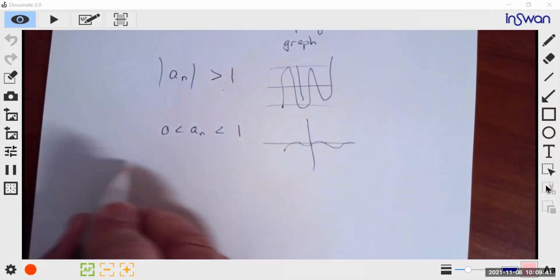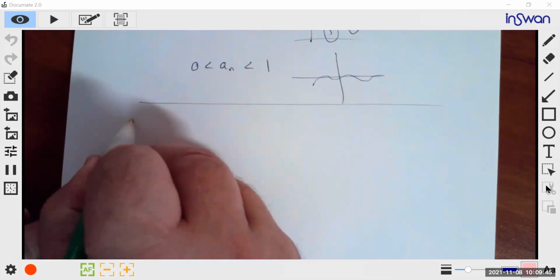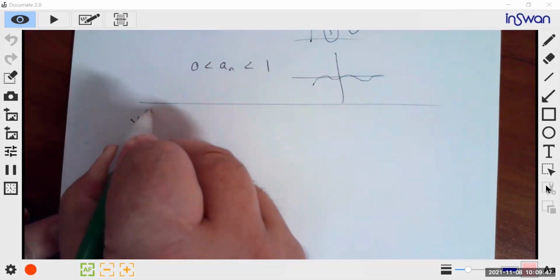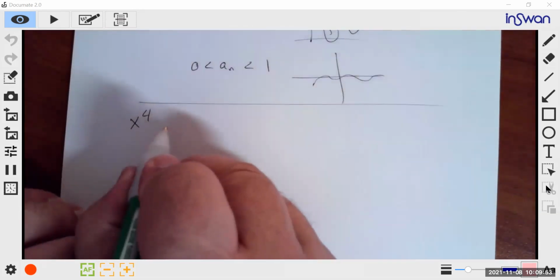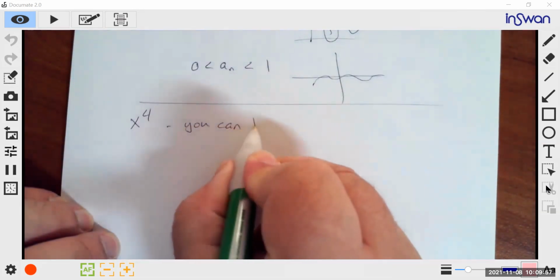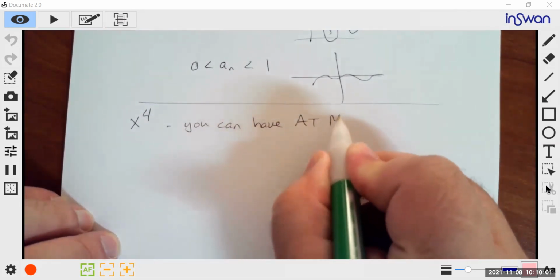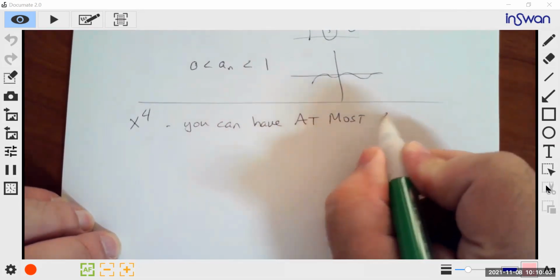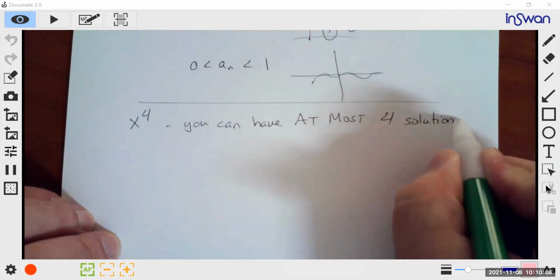Okay, now, how many x-intercepts can you have here? At most 4 solutions.